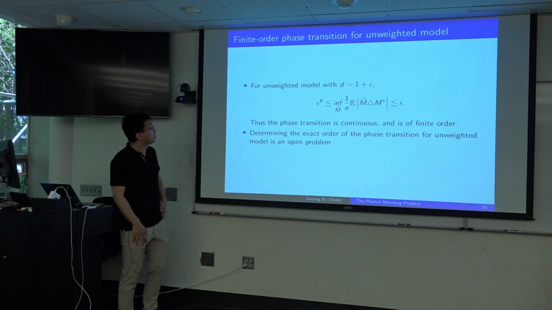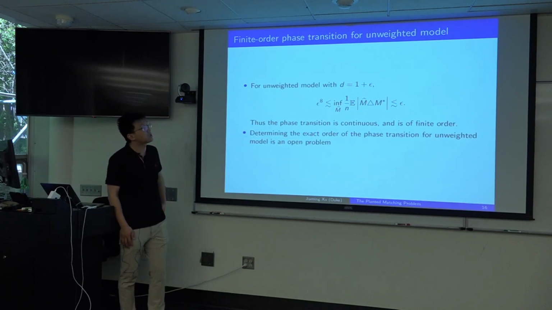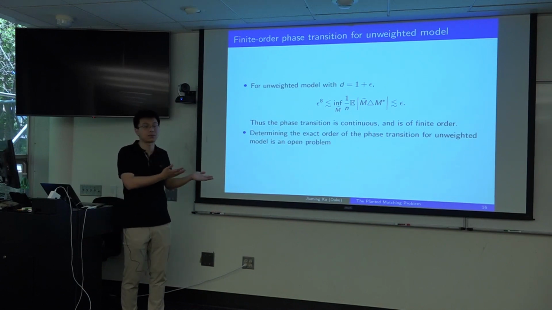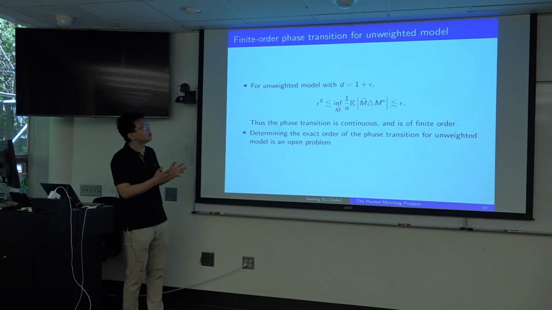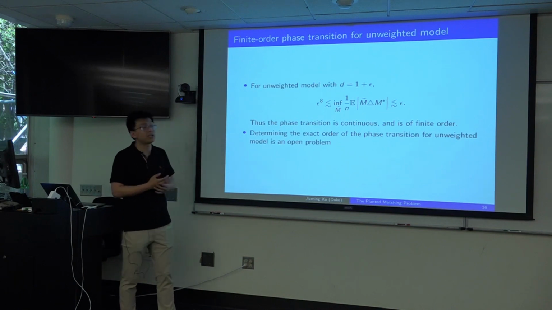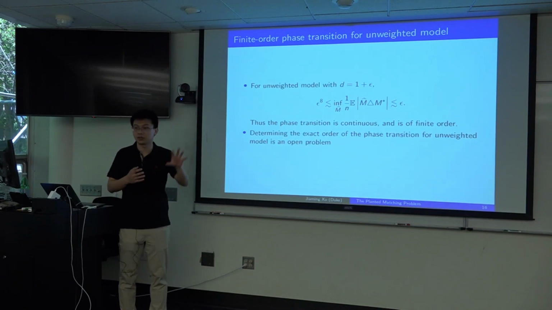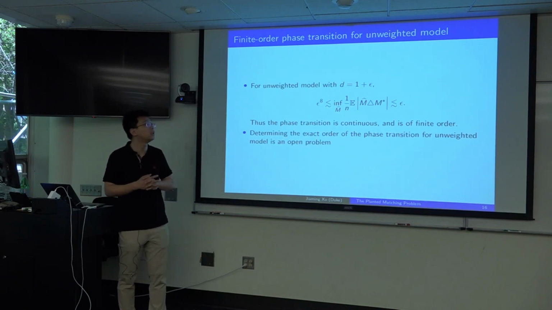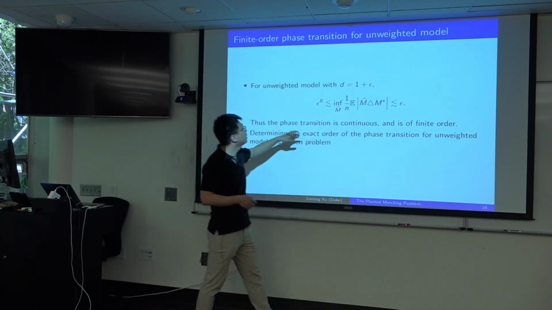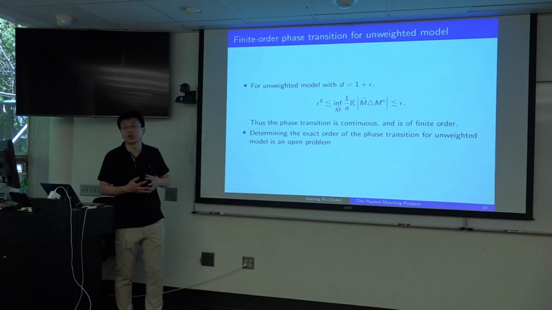Let me finish this and then we'll have a break. Another thing I want to say is that this infinite order phase transition that we observe for this exponential model is actually not universal for all choices of distributions. For example, in the unweighted model where P equals Q, so the weights are not informative, we can show that the reconstruction error is no longer infinitely smooth in epsilon.